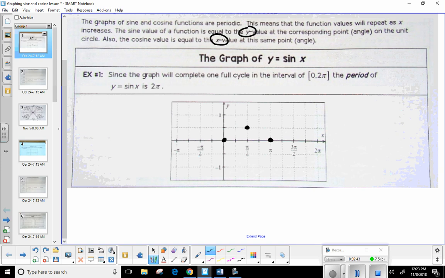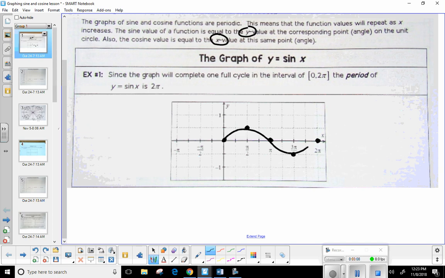And that was also pi over 2 units after the previous one. So what would additional pi over 2 units now be? 3 pi over 2, where we're going to have our first minimum. And then at the next increment of pi over 2, which is 2 pi, we're going to be back to 0 again. You're going to see these same values repeat over and over again.